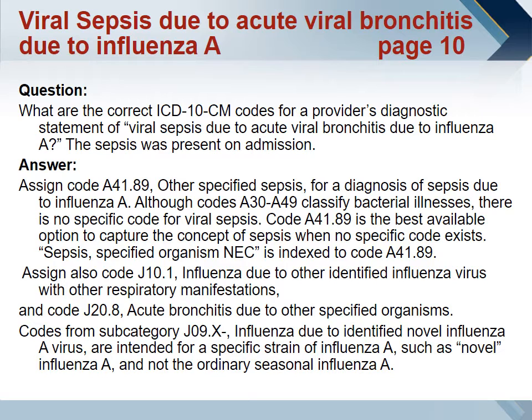The last paragraph on the page is very interesting. Codes from subcategory J09.X, influenza due to identified novel influenza A virus, are intended for a specific strain of influenza A, such as novel influenza A, and not the ordinary seasonal influenza A that's being described in the question.